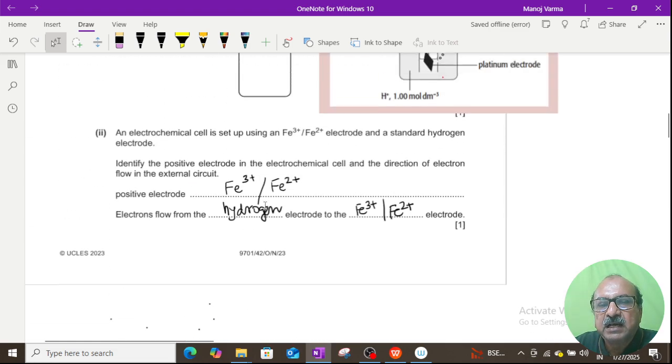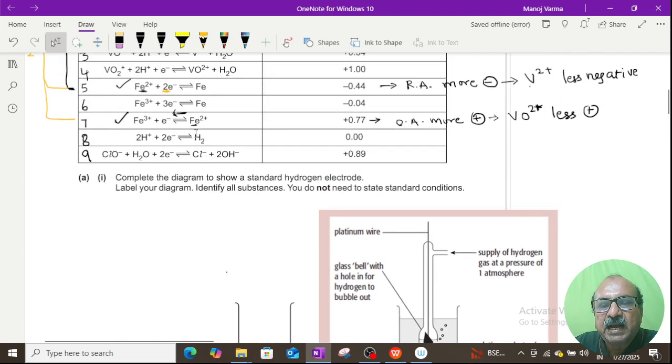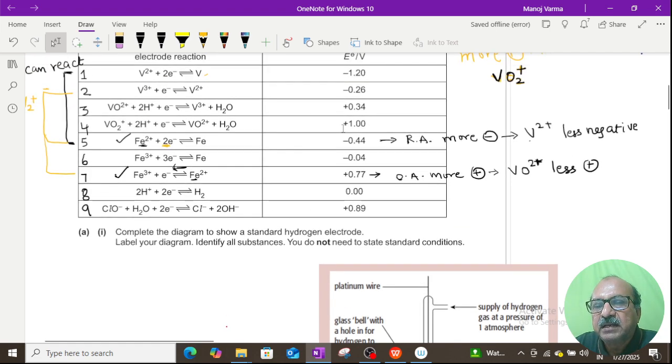Now let's see the other one. Which species can oxidize Fe2+ to Fe3+? In order to oxidize Fe2+ to Fe3+, that electrode potential should be greater than 0.77, and greater than 0.77 is 1.